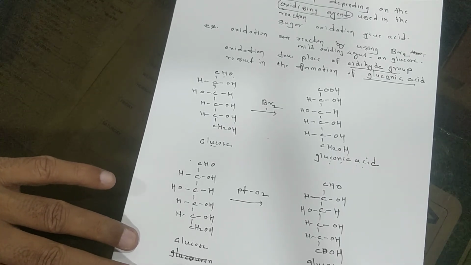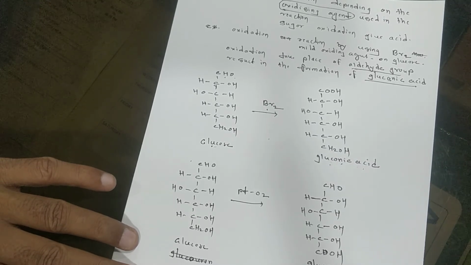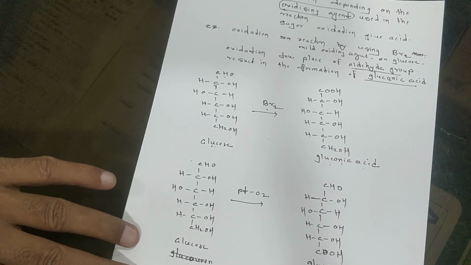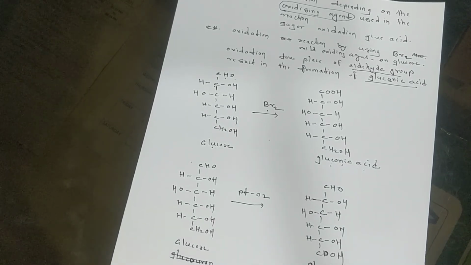The oxidation of the terminal alcohol gives glucuronic acid. What do you get? Glucuronic acid.